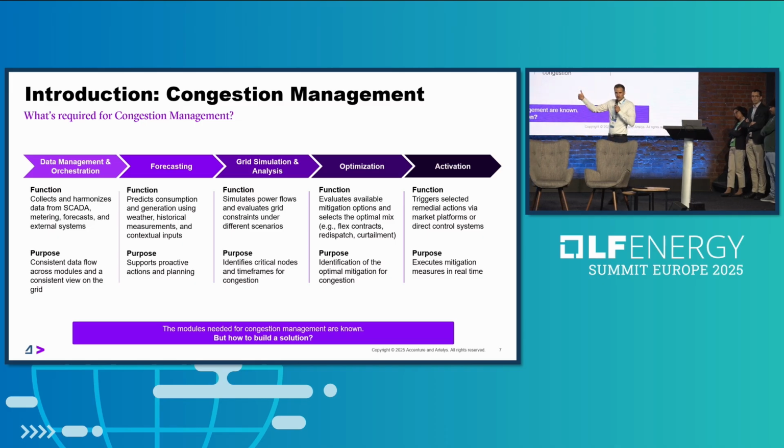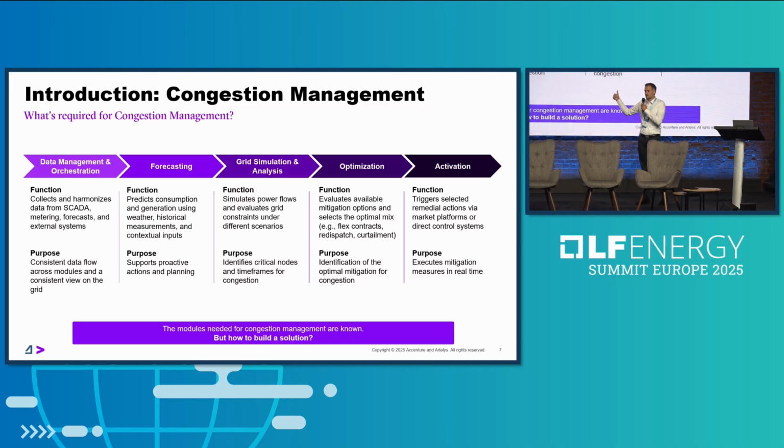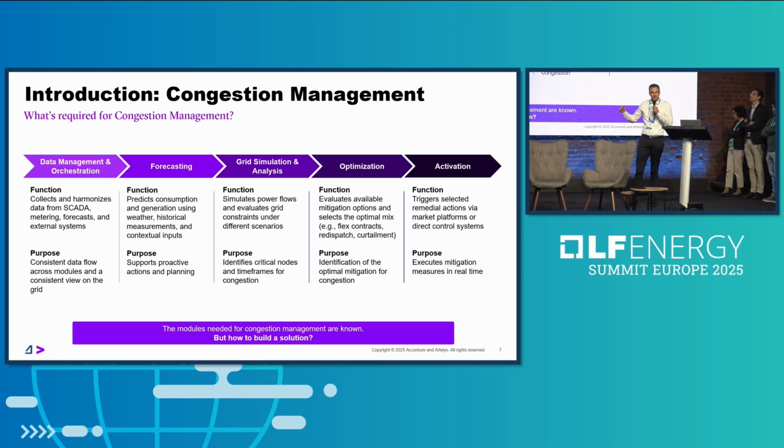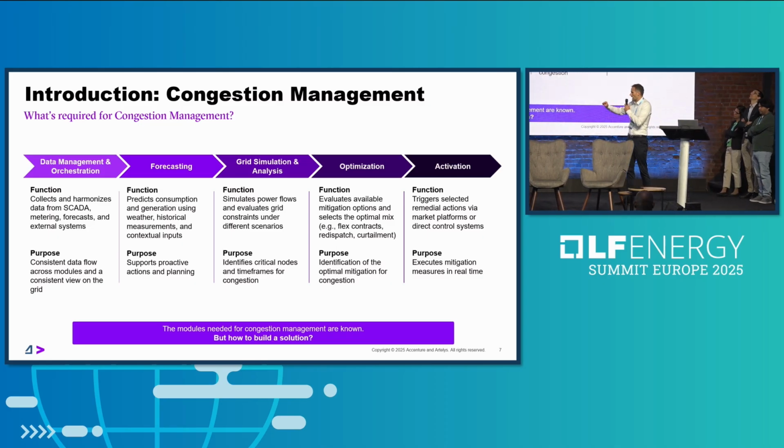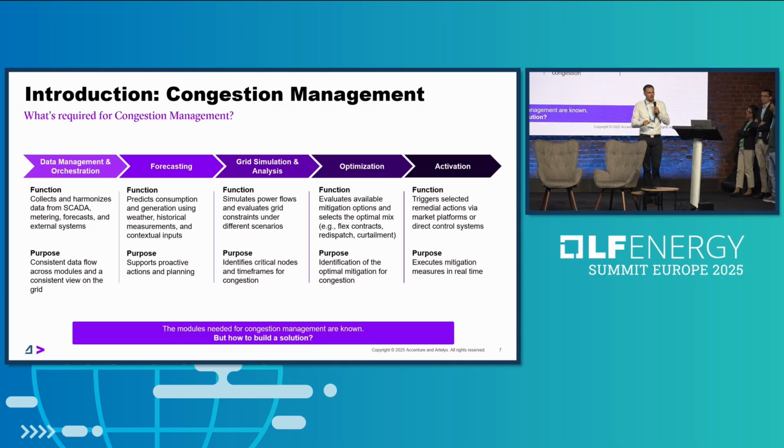The first module that you need is some kind of data management, some kind of data orchestration to collect data, summarize data, with the purpose to then be able to have a consistent data flow across all the other modules. Because you are going to use data.